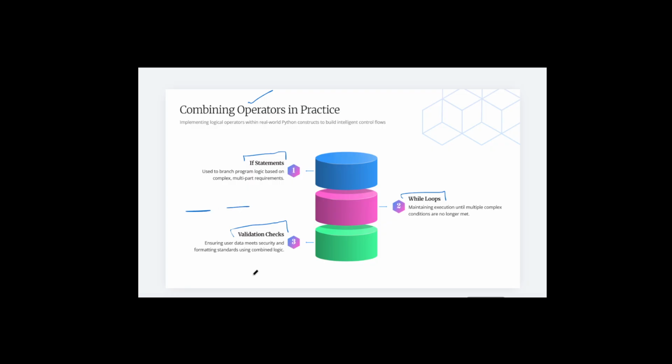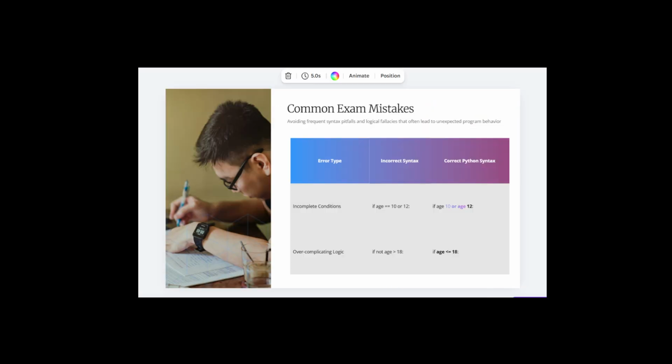We can make use of an operator in a while loop to maintain the execution. Suppose you want to do something again and again, we set while true, and inside that we put all the conditions. We mean to say while all the conditions are true, keep on running the loop. Okay, so there are multiple uses, and with the help of code and topics we will be learning about it.